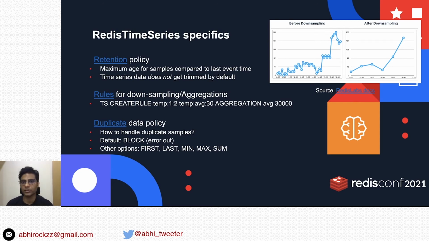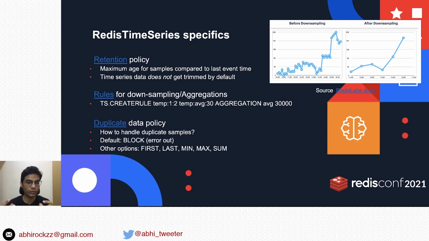And last but not the least, you should also care about what if you get duplicate data points, which I think you're very likely to get, to be honest. So how do you handle these duplicate samples? There are various policies which you can put into place. The default one is something called block, which says Redis is going to return an error to you, but there are other options, like first, last, min, max, sum.